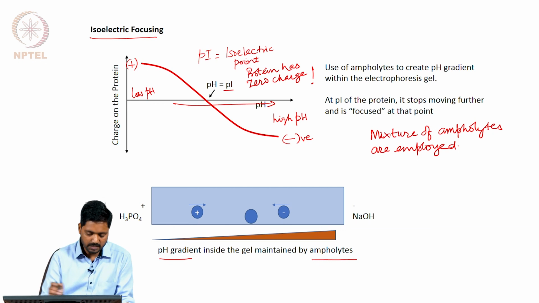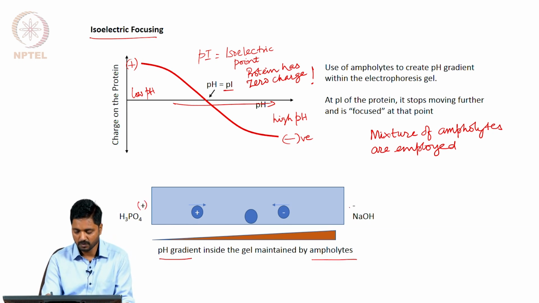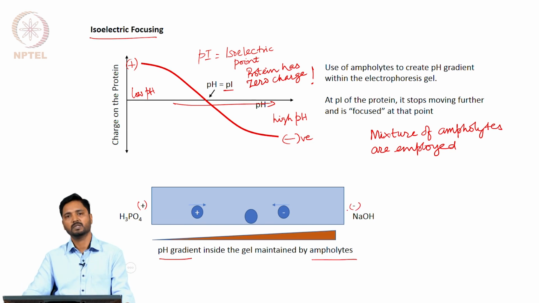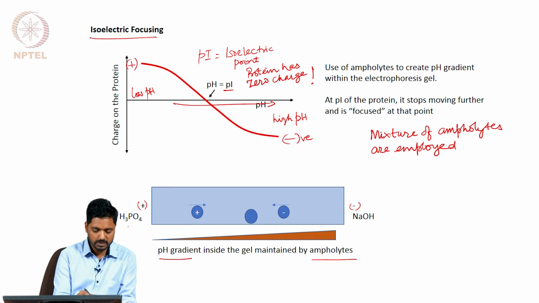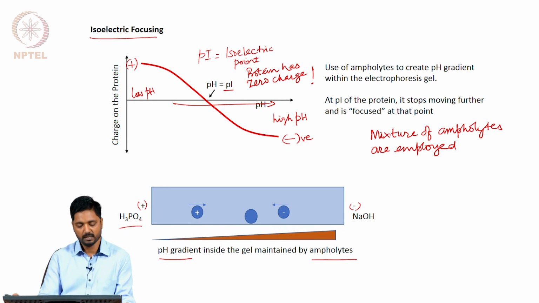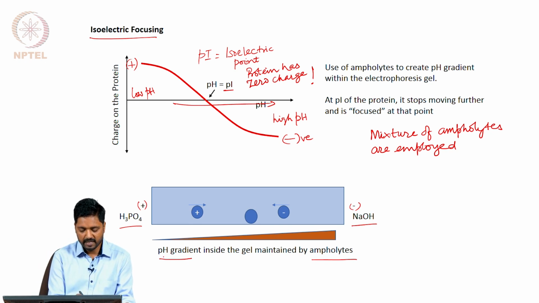Now, consider the case where you have the positive electrode on the left and the negative electrode on the right, and you create a pH gradient by using phosphoric acid near the positive electrode and sodium hydroxide near the negative electrode, and you also maintain a pH gradient inside this gel slab.